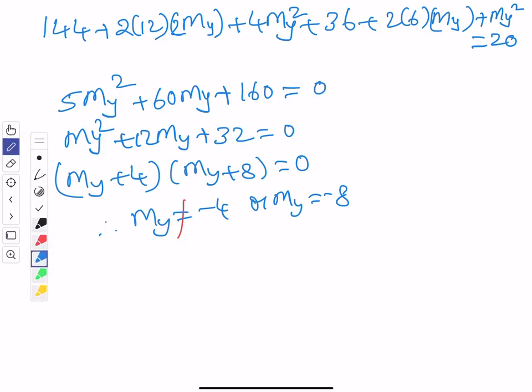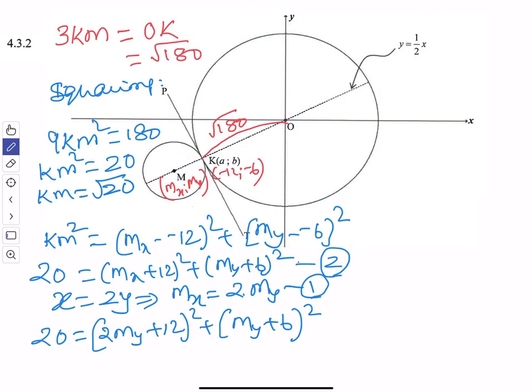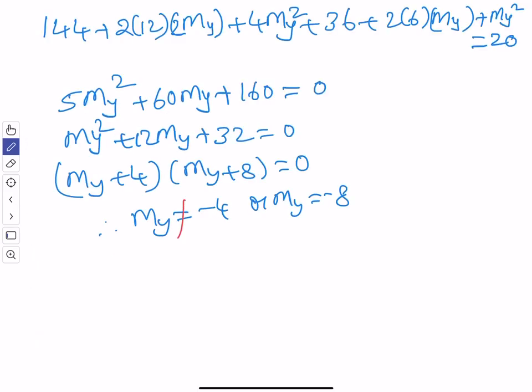Now I have to find Mx. As we know, Mx is equal to 2My, so Mx is equal to 2 times negative 8, which is negative 16.